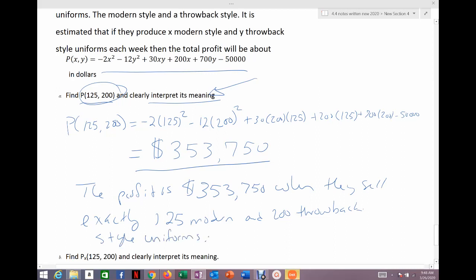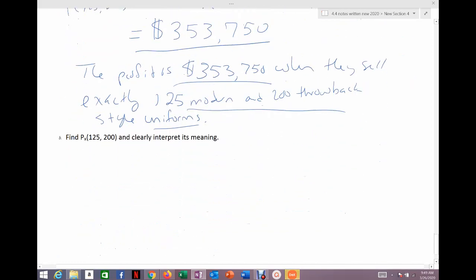So again, three parts to it. What is it, and how did we get there? We got this profit by having this many of the X value, which represents modern uniforms, and this many of the Y value, which represents throwback uniforms.